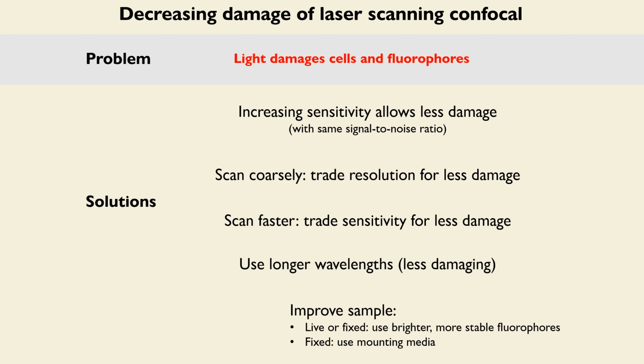And so it's worth your time to look for new and improved fluorophores. If you are looking at fixed samples, you can also use mounting media. You place those samples in special media that has anti-bleaching properties. And so that can also help you reduce damage that the laser scanning confocal does to your fluorophores.